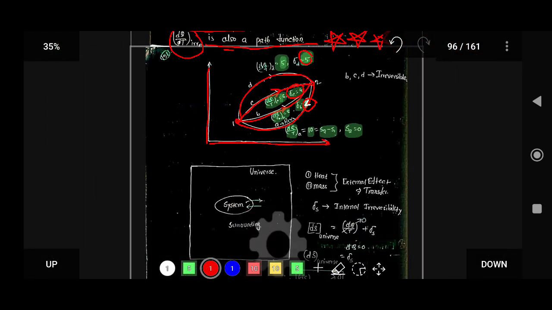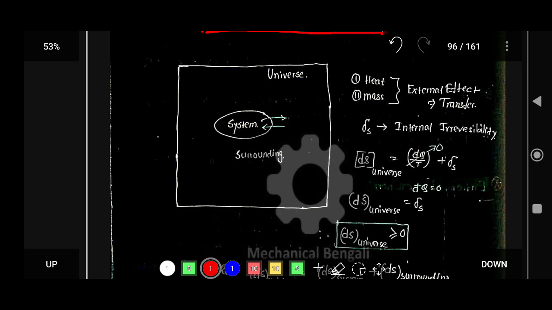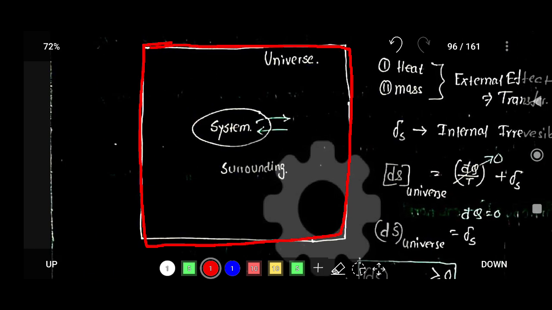Okay, now suppose consider this is a universe. So this is our universe, and in this universe there is a system. System means where our study is focused, and outside this system there is a surrounding.